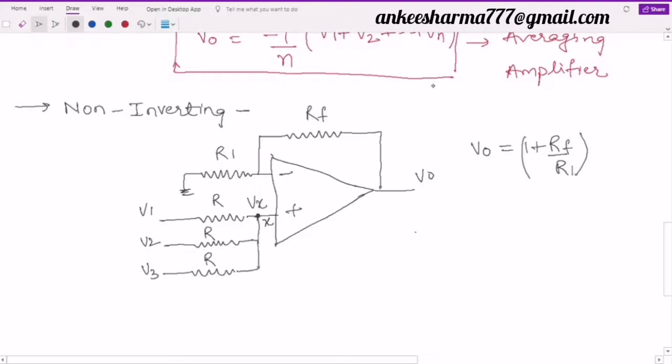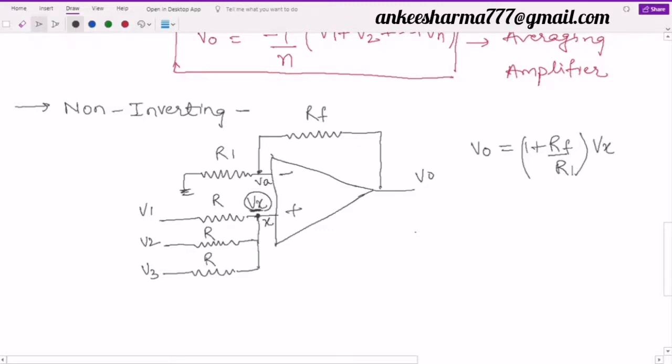If the gain is this, definitely the output will be gain multiplied with the input. And what is that input? It is the input at the non-inverting terminal, this is the voltage that I will take. I will not take V1, V2 or V3. What voltage I will consider, in this case it is Vx. It means V0 must be equal to 1 plus Rf by R1 times Vx.